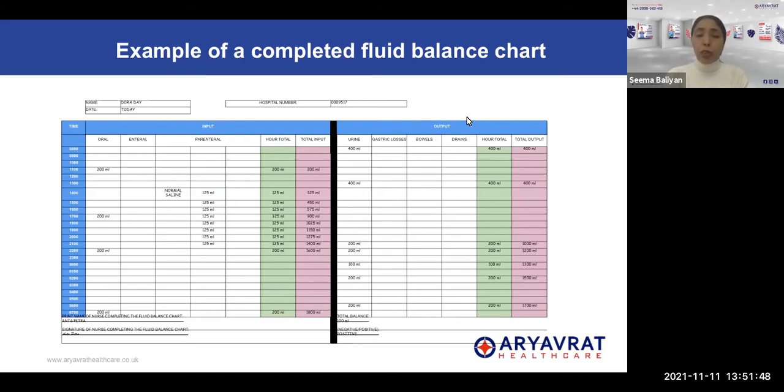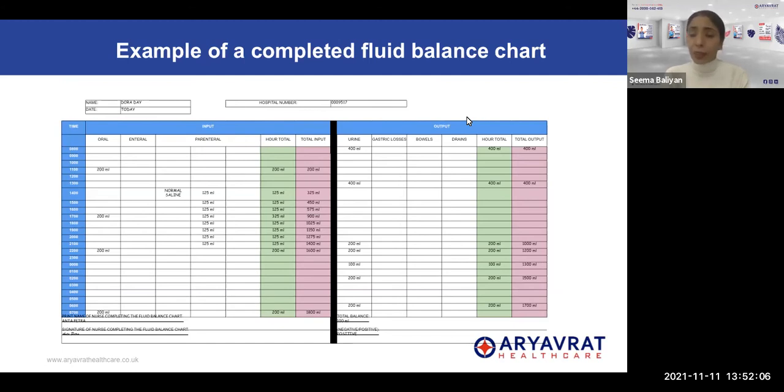After that, the fluid balance chart is divided into two aspects. One side is input and the other side is output. On your left-hand side, in the blue column, there are the times which are given. It is usually a 24-hour fluid balance chart that we normally work on.